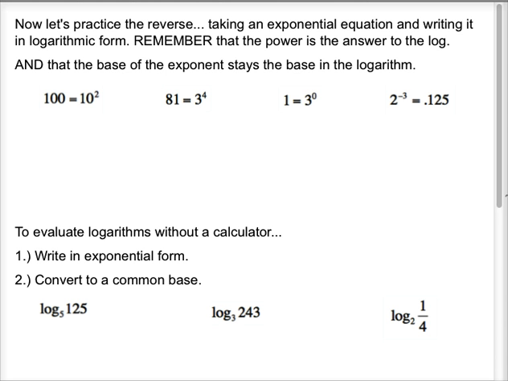So what do I mean by that? Well, here, the exponent is the answer. All right, so remember, the exponent is the answer to the logarithm. When I'm taking the logarithm, the base is still the same, and then I'm taking the log of that number that's alone.